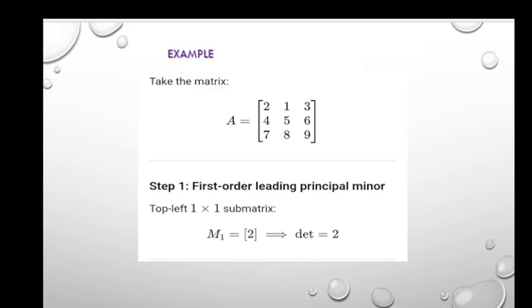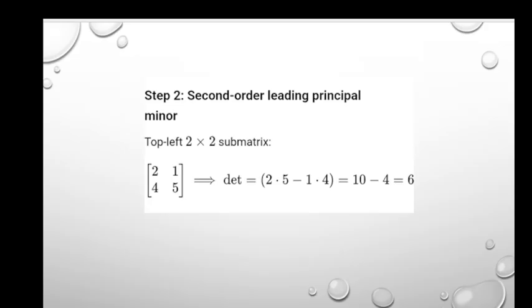So the remaining matrix is 2, 1, 4, 5. We need to find the determinant of that matrix. That we wrote here: 2, 1, 4, 5. Determinant 2 into 5 minus 1 into 4 equal to 10 minus 4 equal to 6. So the second order leading principal minor of the given matrix A is 6.